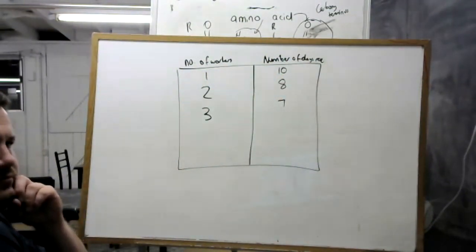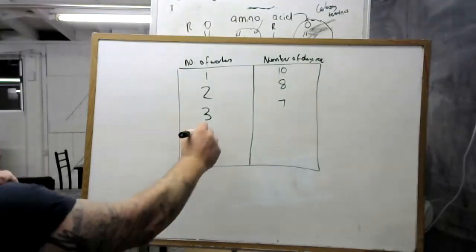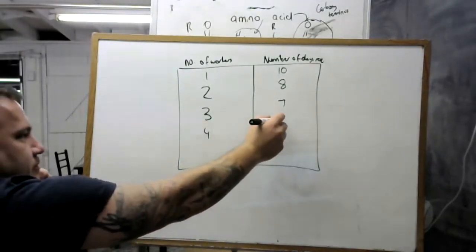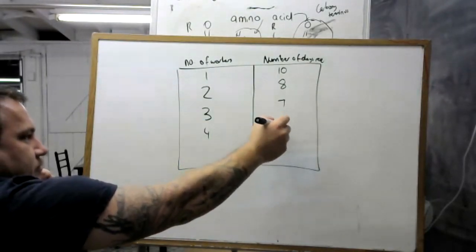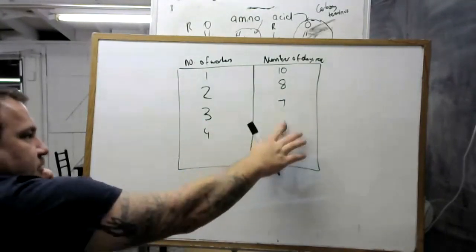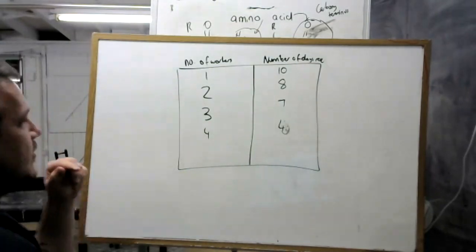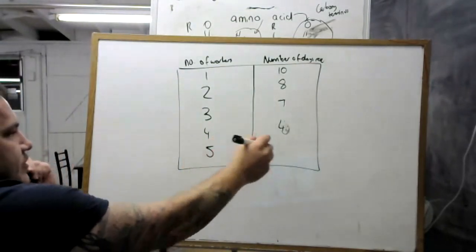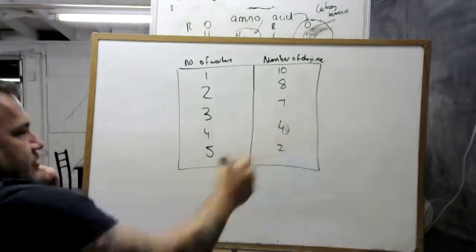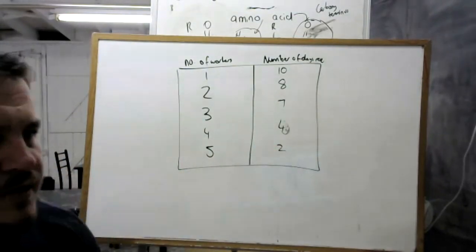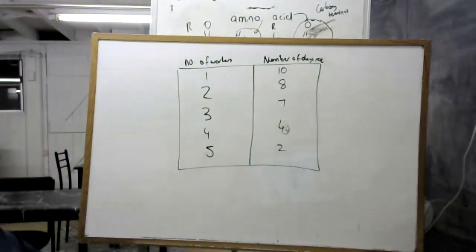And then 4 could be 3 or 4. We'll make it 4. So four workers takes 4 days. And what about 5?